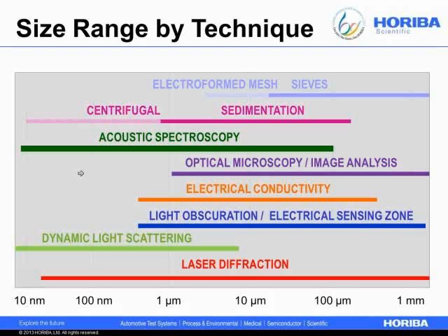So this slide's more for your reference, just to see different techniques that will all measure particle size and the different overlapping ranges. None of them are as fast a measurement as laser diffraction, which means that none of them tend to be as popular for quickly classifying materials.